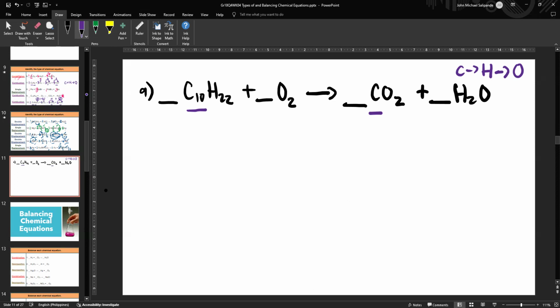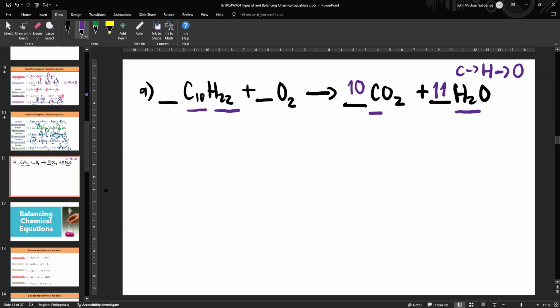So to make the product side contain 10 carbon atoms, you have to multiply CO2 by 10. Next. There are 22 hydrogen atoms on the reactant side, and there are only 2 hydrogen atoms on the product side. So for 2 to become 22, we have to multiply H2O by 11.